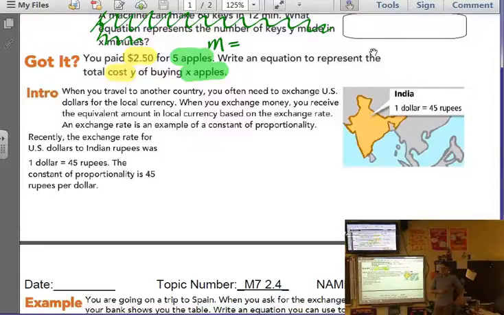I try to keep my notes just one page front and back, so sometimes it gets a little bit tight. Mainly, if we wanted to figure out our m value, we know that's y divided by x, but really, we also know it's our unit rate. So in this situation, our unit rate is going to be the cost per apple. How can we figure out the cost per apple?